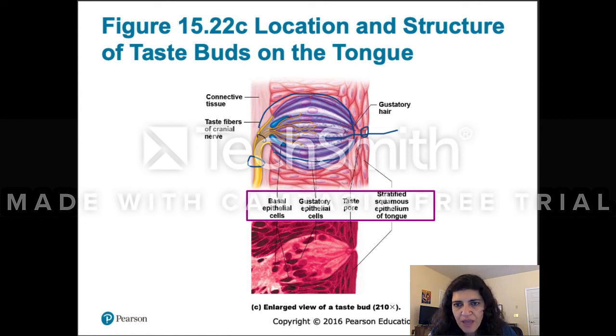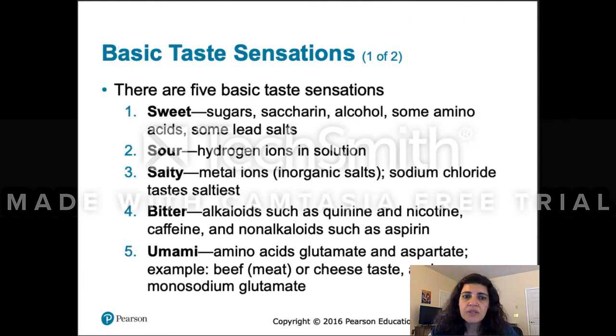So the free endings here are the ones that are going to detect the chemicals, okay? There are epithelial cells inside the taste buds that allow for this to happen. You have all these different types of tastes that you can sense with your taste buds, okay?